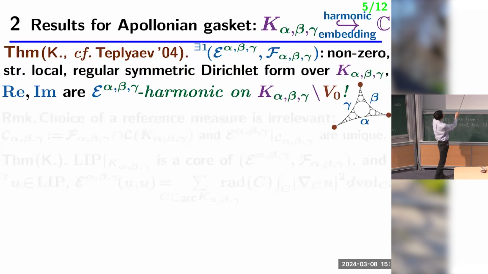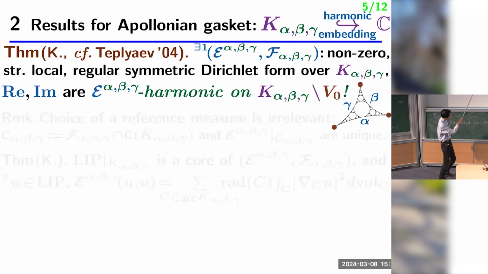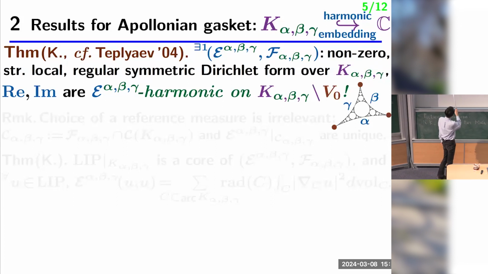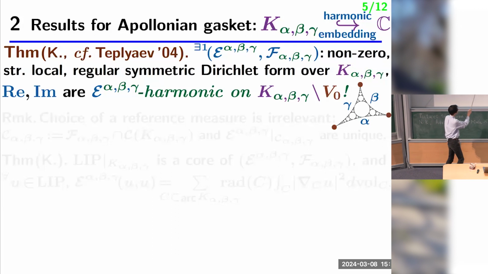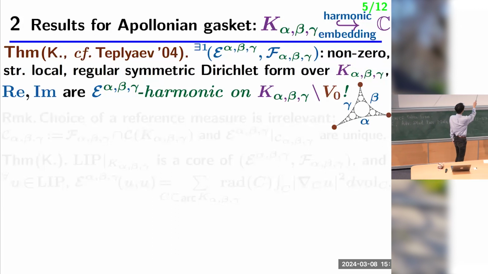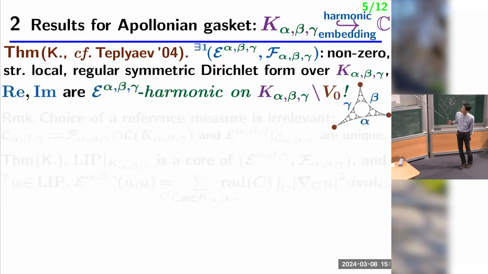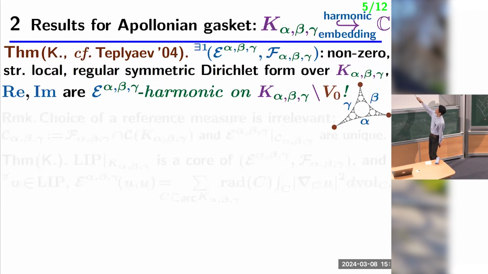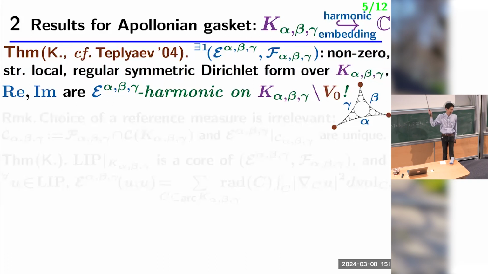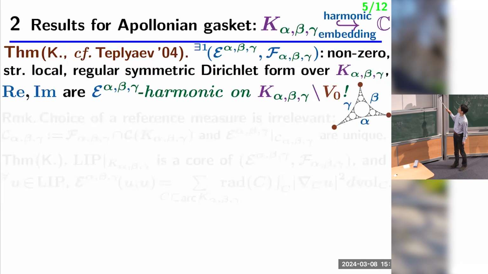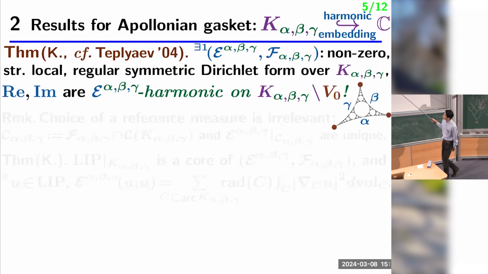He proved that there is at least one non-trivial local, diffusion type, symmetric Dirichlet form on this fractal. He showed that there is one such Dirichlet form by some abstract geometric construction.